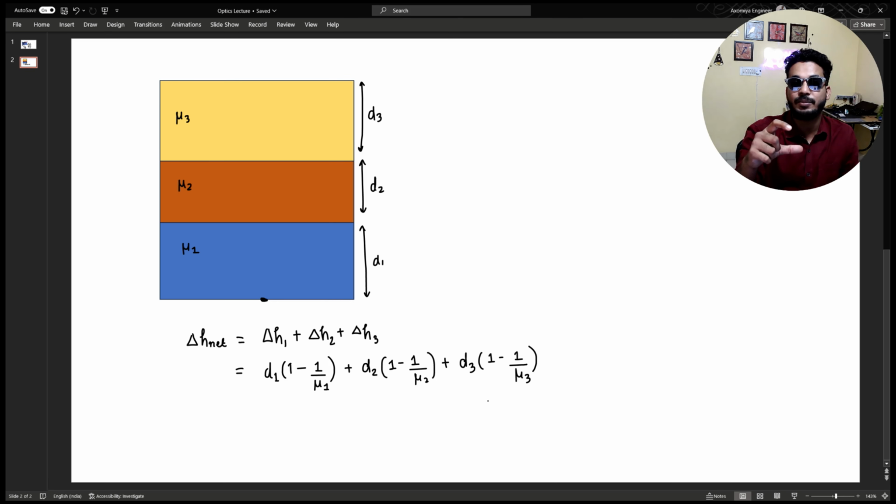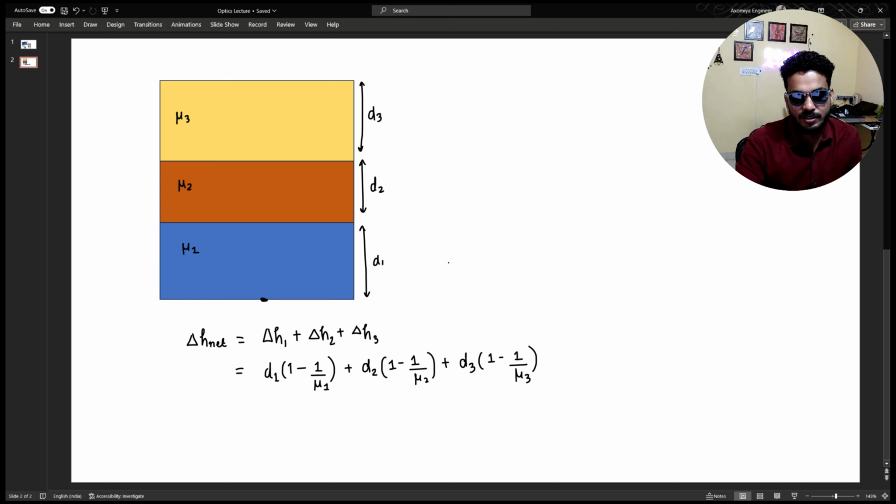Had each layer been just there with air, like if you treat them independently, one layer in air, the mu2 layer with air, and then the mu3 layer with air, you find out all those shifts, and the net shift will actually be just the addition of all of these. Sometimes they may also ask you what is the new apparent depth.